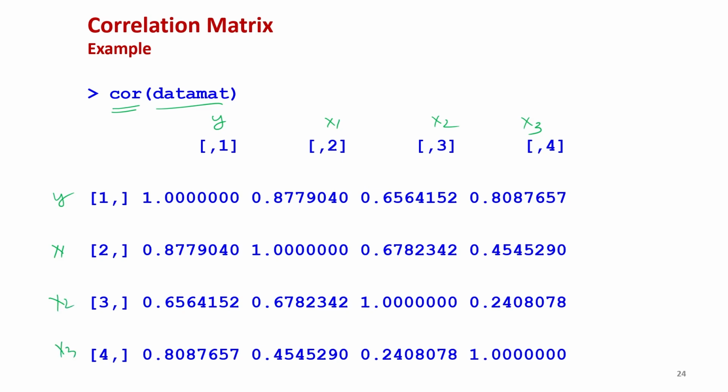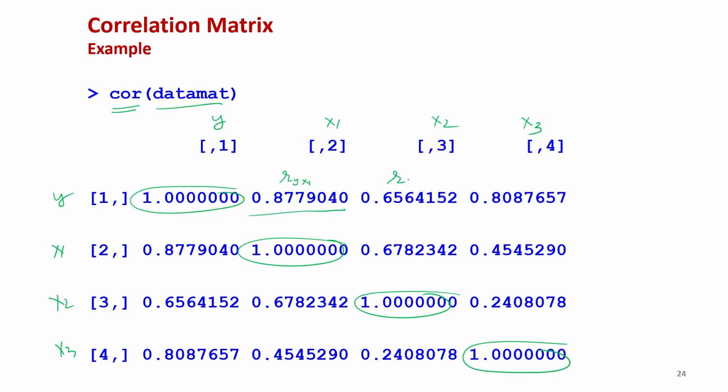So, you can see here the diagonal elements are always 1, right. And the off diagonal elements, if you come to the first row, this is the correlation coefficient between y and x1, this is the correlation coefficient between y and x2, and this is the correlation coefficient between y and x3, right.